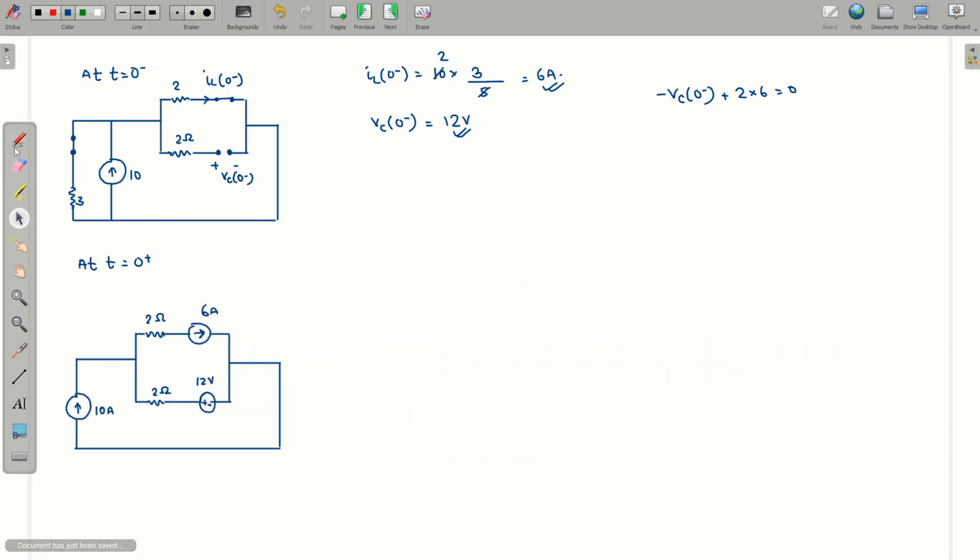Now you can see in the question that the polarity of VL is given like this. If this is 10 ampere, you can see from this branch 6 ampere is flowing. That means from here we have 4 ampere.